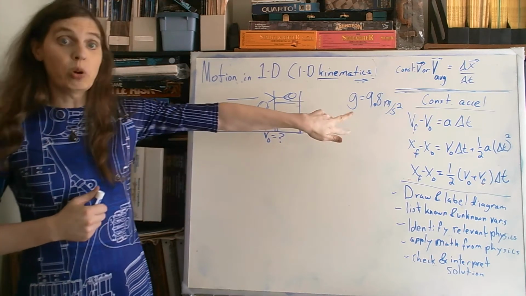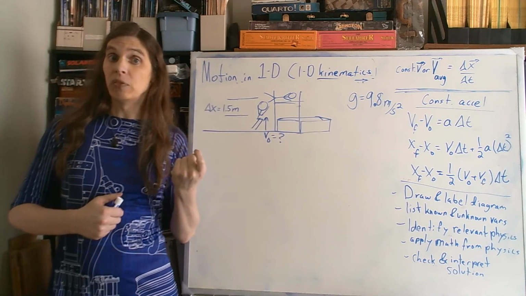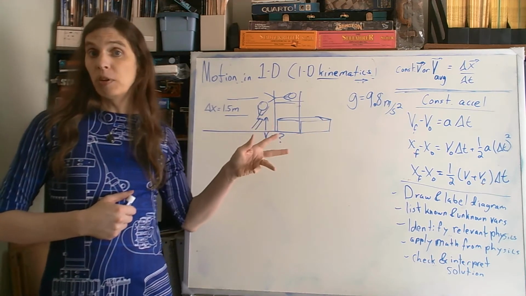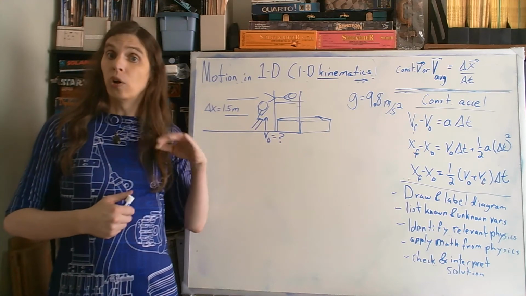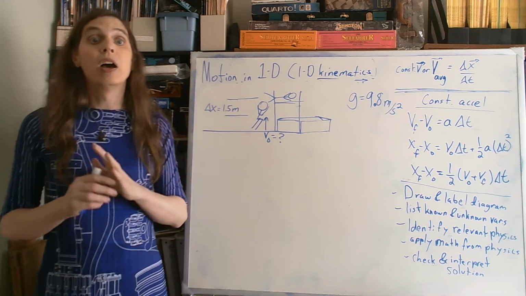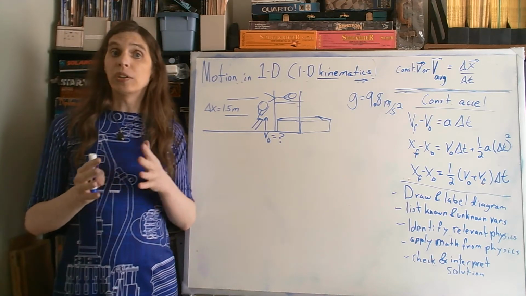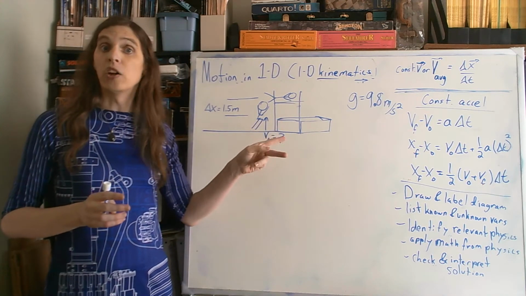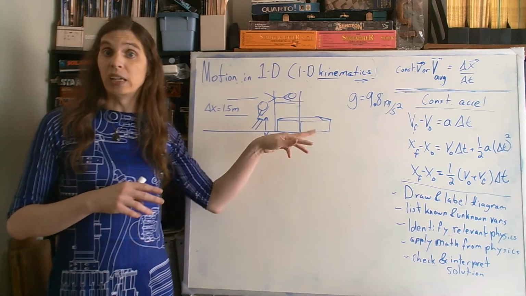Remember, only two of these equations are independent of each other. So any two of them are independent. And so the third one and the fourth one, to be derived shortly, can be derived using algebra combining any other two.